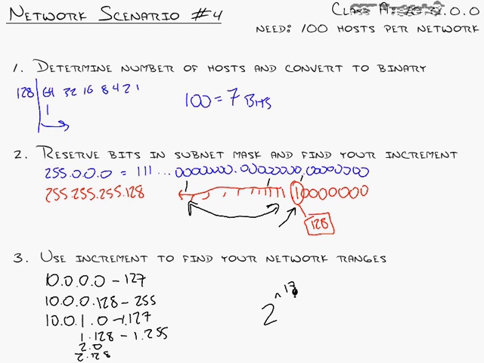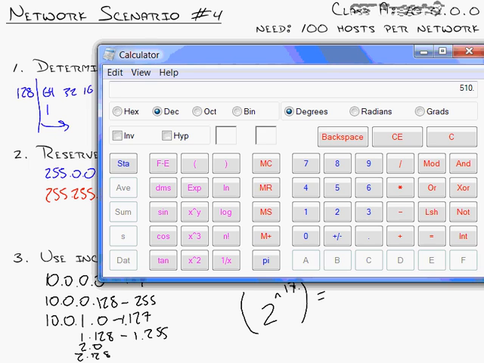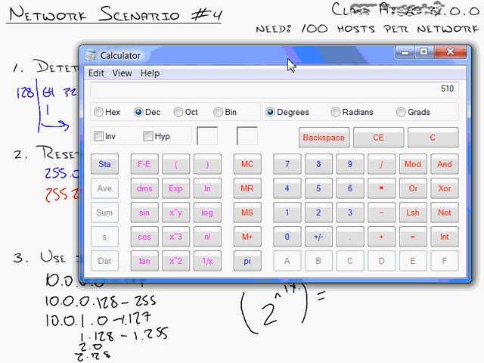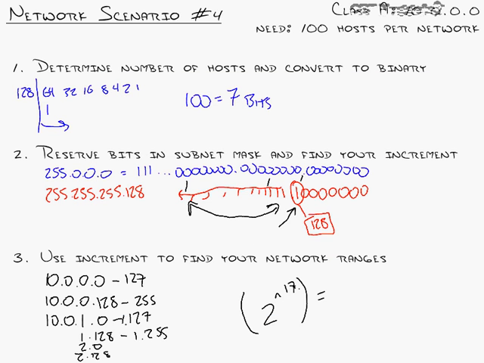So that'd be 17 bits total. I had to think about that one. That will tell us how many networks you'll have. Thankfully, if you're preparing for the exam, they will never have a question asking you that kind of math without a calculator. So 2 to the power of 17 equals 131,000 subnets at our disposal when we subnet a Class A address like that. Excellent.